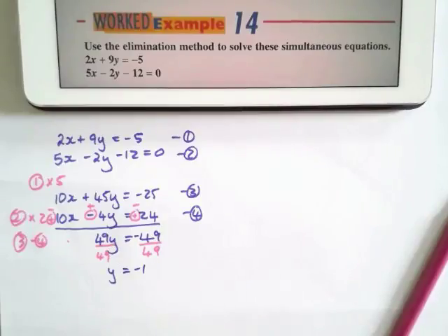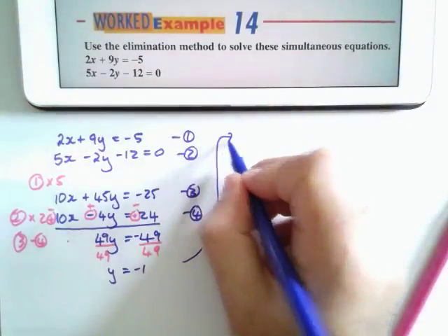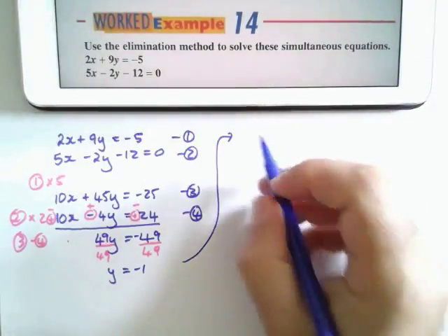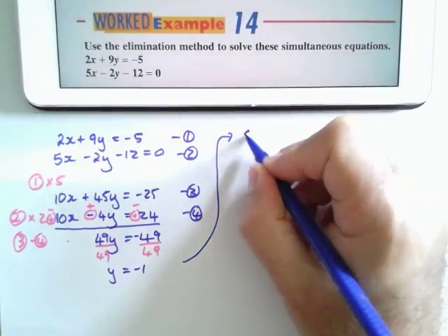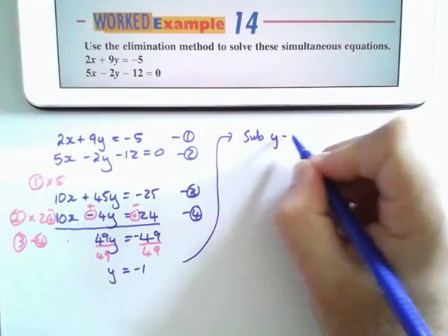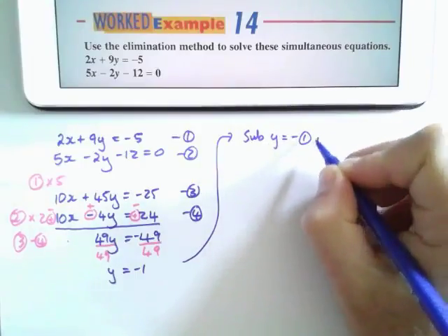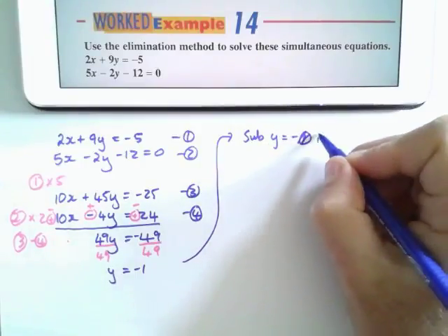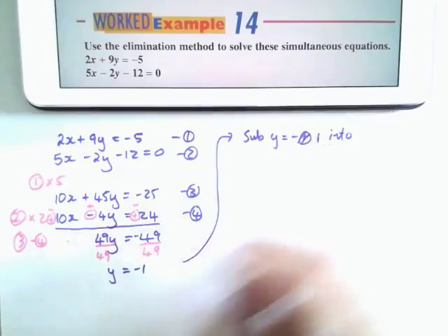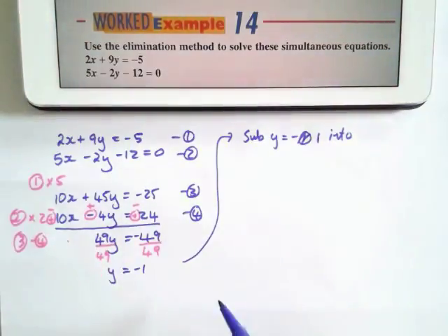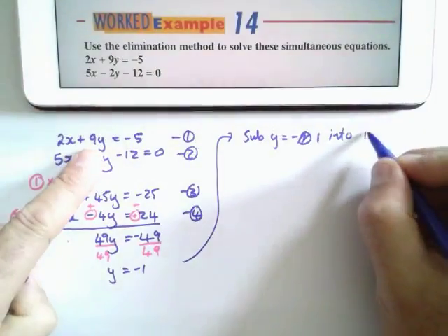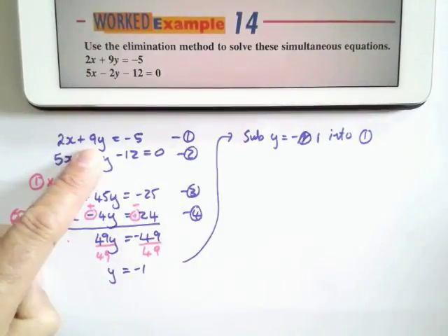So I now have a y value. I'm going to carry on and, to find the x value, I'm going to substitute y equals negative 1 into any one of these 4 equations. I'm just going to put it into equation 1, it looks like the easiest.